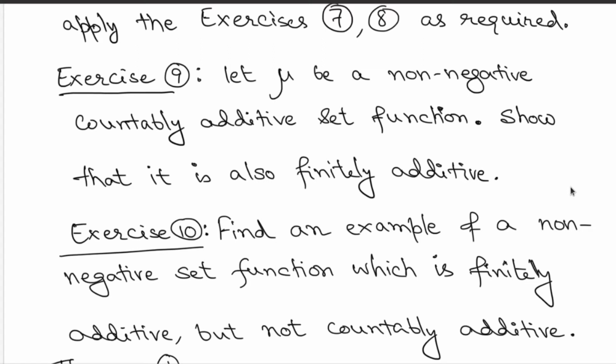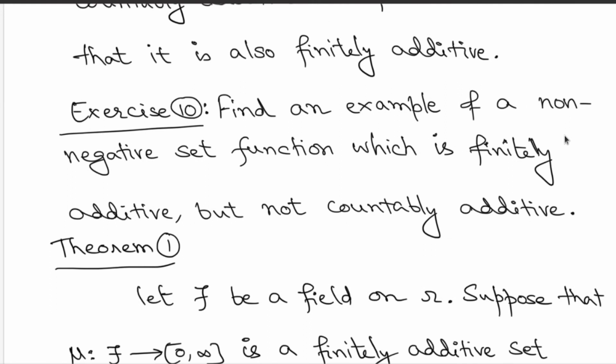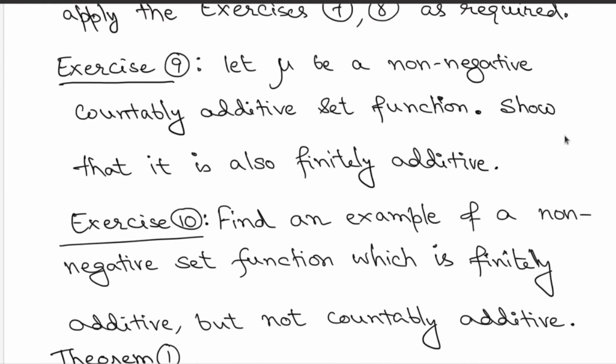Again, following the same structure of argument as earlier for measures on sigma fields, you can show that a measure on a field is finitely additive. Great. But once you have that, you can now ask: are all non-negative finitely additive set functions on a field also countably additive?